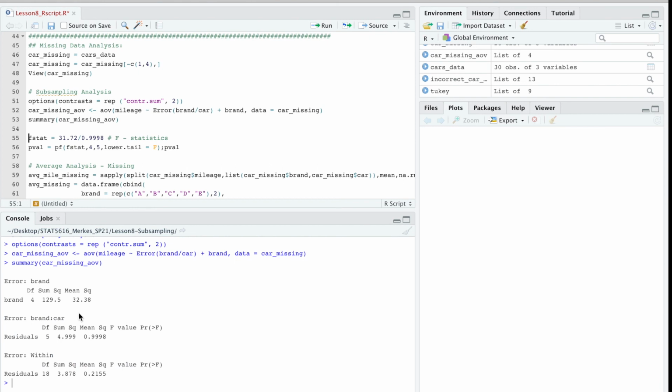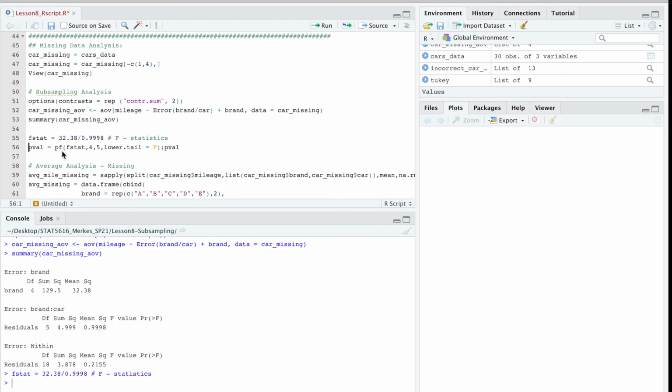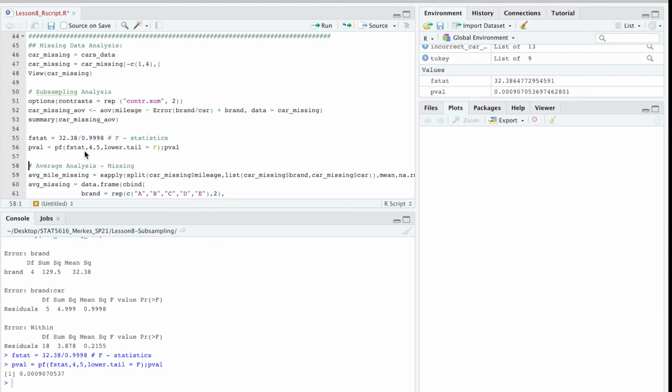I inputted the F-stat wrong. So our F-stat is going to be our MST, I put in the wrong number, divided by our MSEE. We're going to get an F-stat, and then we're going to take that F-stat and get the p-value. Again, this 4 is coming from here, the 5 is coming from here. Boom. And so our p-value is really low.